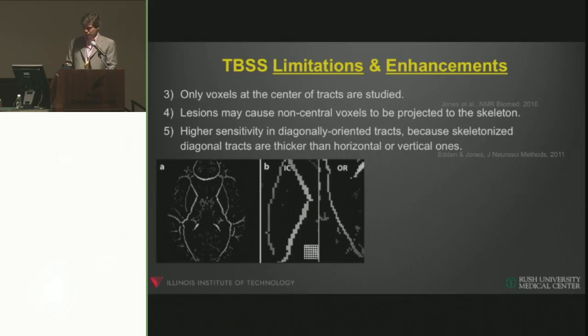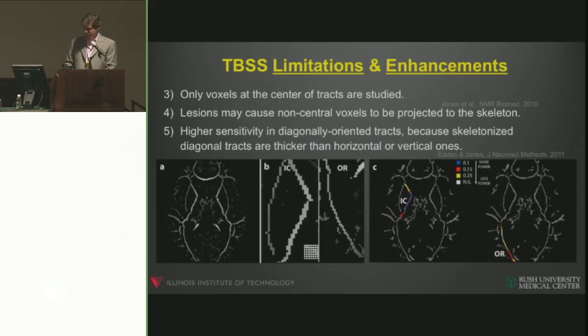So when you use also your TFCE, threshold-free cluster enhancement, that enhances effects that are shown over a larger number of voxels, you tend to bring up effects that happen in these thicker bundles than the thinner bundles. As Eden and Jones showed very nicely, when this happens, you get more power in the internal capsule and less power in optic radiations, simply because of the thickness of the skeleton.